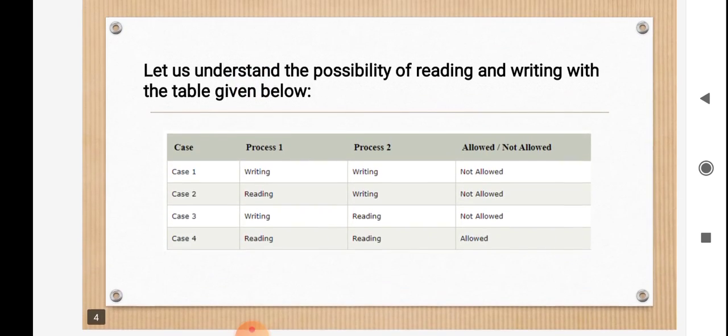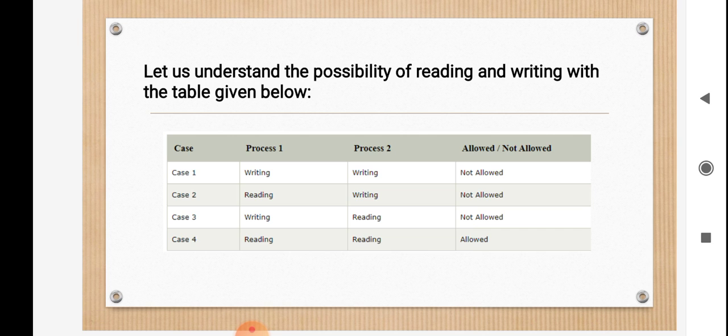You have to remember this table. Let us understand the possibility of reading and writing with the help of a table. There are four possible cases. We have taken two processes, the reader and the writer. When process 1 wants to write the file and at the same time process 2 also wants to write the same file, then it is not allowed.